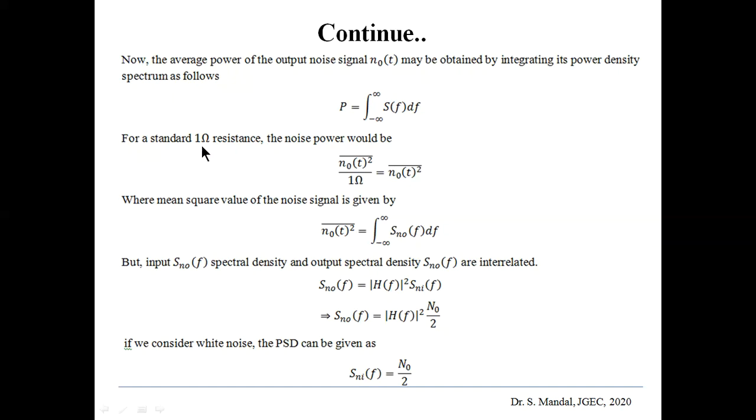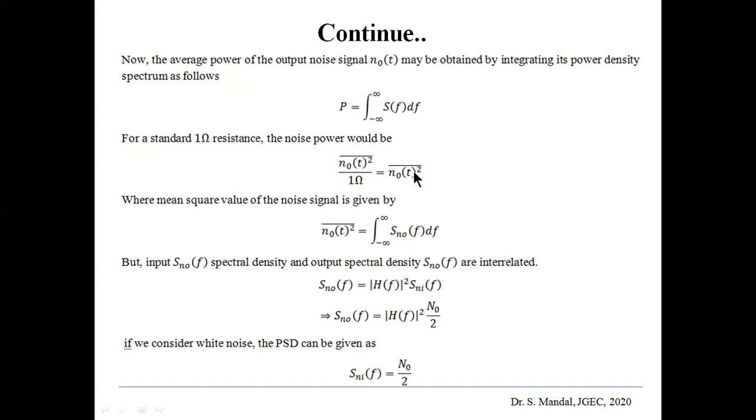Now, if you consider a standard 1 ohm resistance, the noise power will be |n0|² divided by 1 ohm. So what will happen? That means the mean square value of the noise signal is given by this term. Now we want to explain this term.